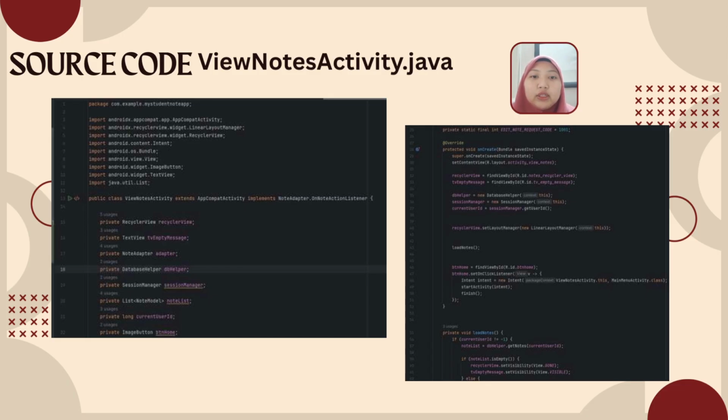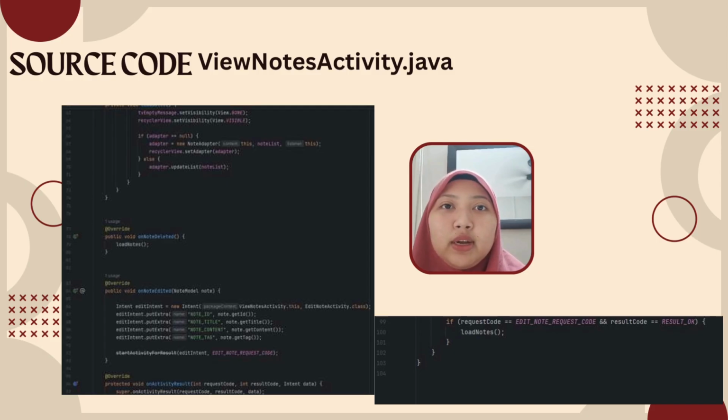If the note list is empty, it sets the RecyclerView to be invisible and the empty message to be visible. Otherwise, if notes exist, it makes the RecyclerView visible and uses the adapter.updateNoteList method to populate the list with data. This ensures the user always sees a clear status whether they have notes or not.